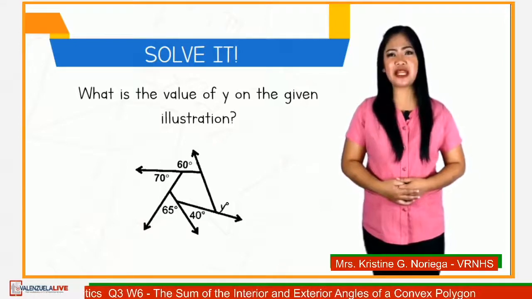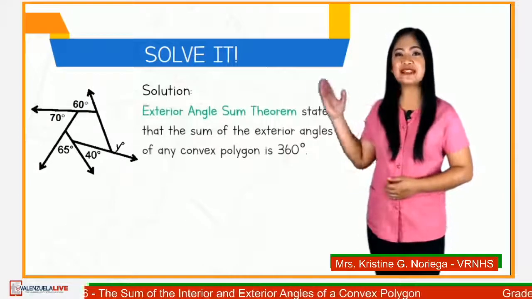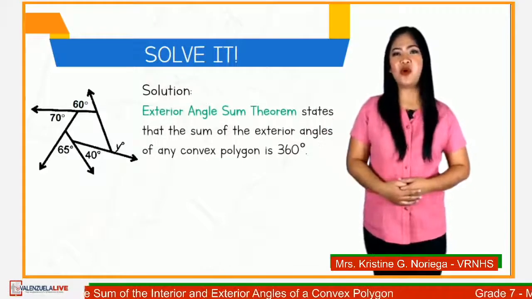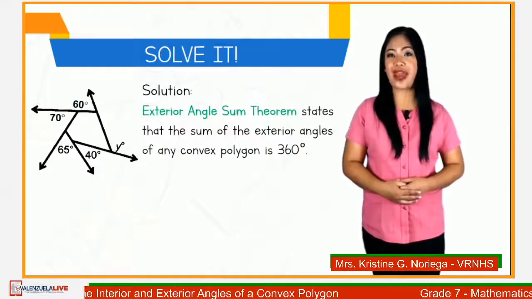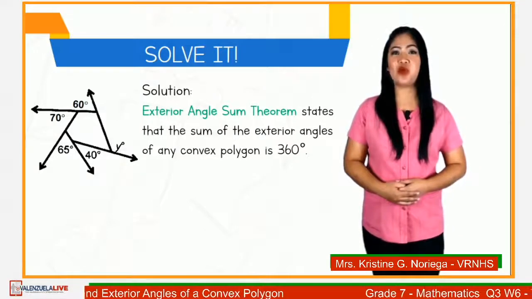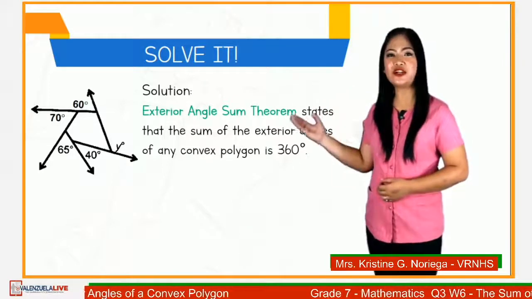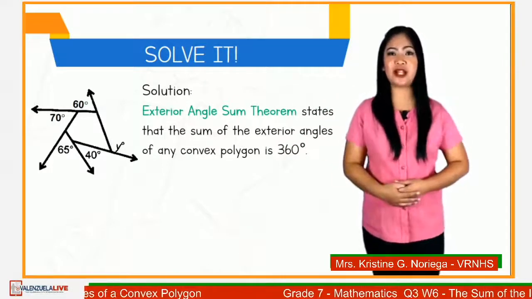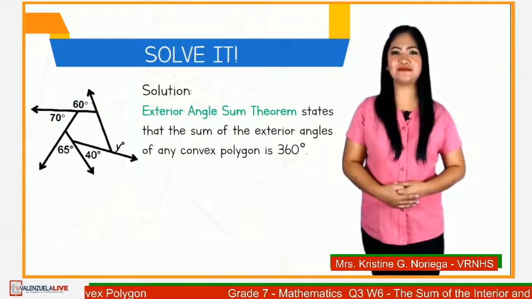Since we are now dealing with exterior angles, we will be using the exterior angle sum theorem, which states that the sum of the exterior angles of any convex polygon is 360 degrees, which simply means that if we add all these exterior angle measures for this polygon, they should sum up to 360 degrees.